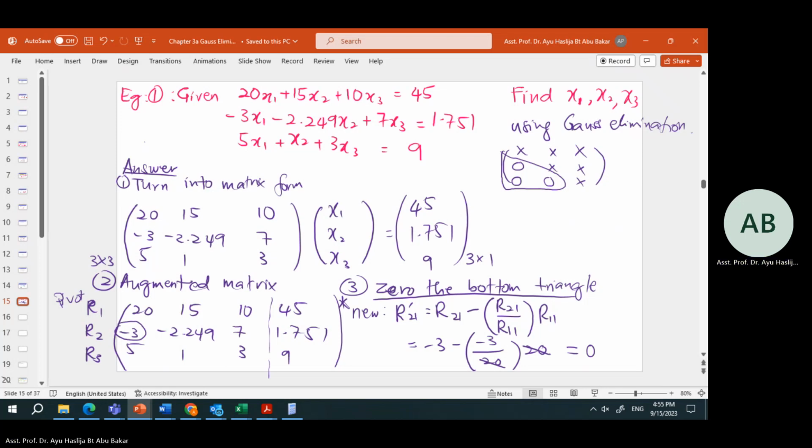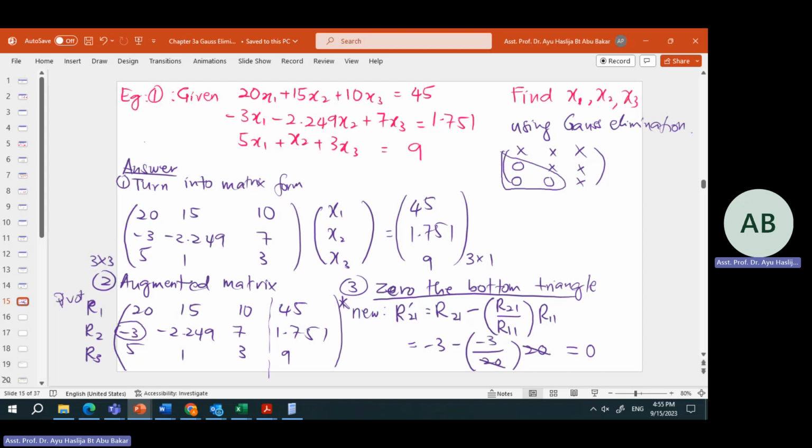What? R3, you mean over here, the R11. Okay, now we need to use the R11 because we have pivoted the R1. R1 is being used as our base. That's the function of pivoting the R1.